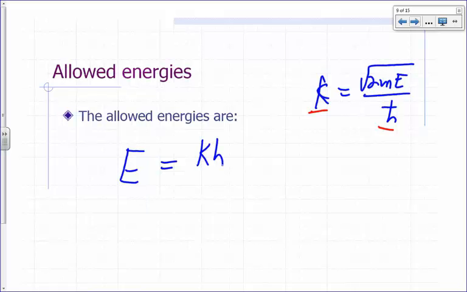So E equals k squared h bar squared over 2m. Alright? There's no restrictions. Energy can be anything, right? k can be anything, there's no restrictions. It's a free particle. No quantization. Okay?